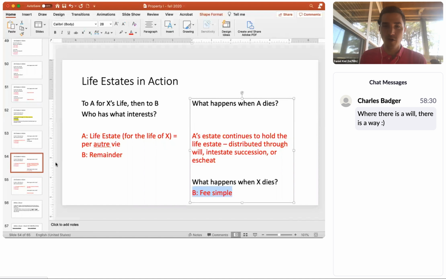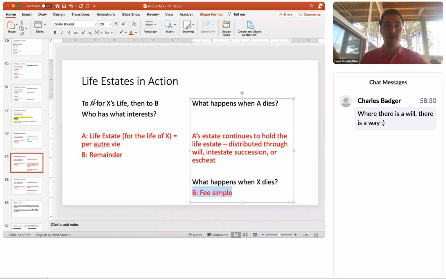Keep trying. So let's get it straight. O has the bundle of sticks before any of this stuff happens. O takes the bundle and says, okay, A, here is your life estate, and B, here is your remainder. At that point, there are no more sticks held by O, and O is completely absent from the rest of this story.